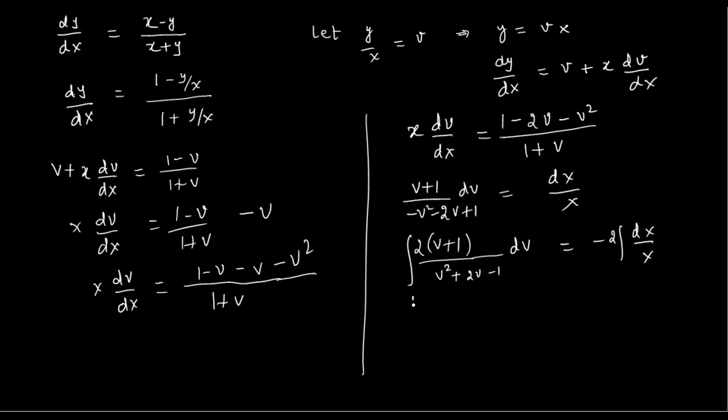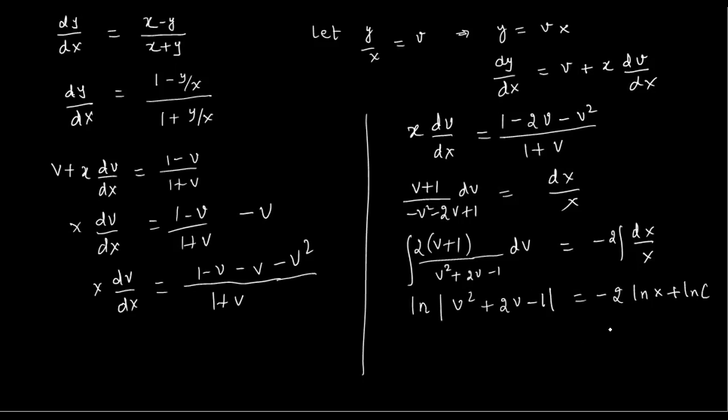So it becomes simply log of v square plus 2v minus 1 equals to minus 2 log of x plus some constant, say that constant is basically ln c.